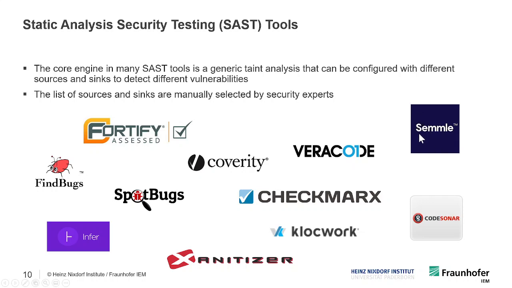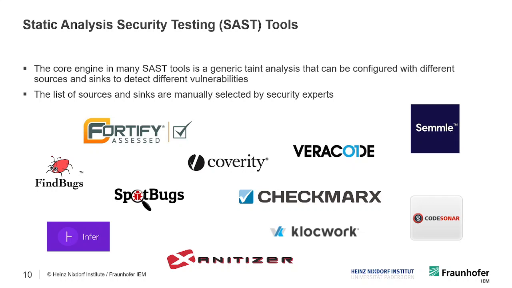So all these tools are now known in the community as static analysis security testing tools, or SAST tools in short. And taint analysis is one of their key components. Many of these tools implement generic taint analysis, and this analysis can then be configured with different types of sources and sinks, so they detect different types of vulnerabilities.